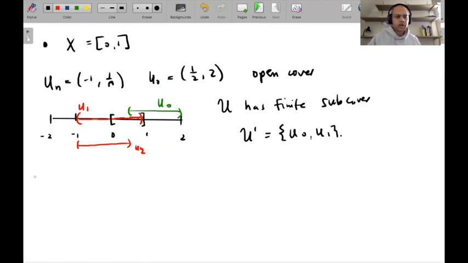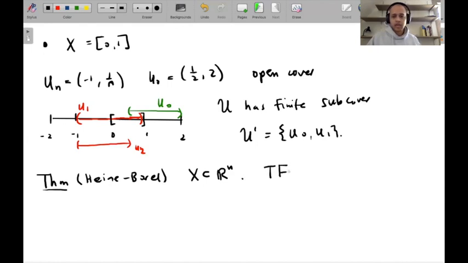Okay, so now let me give you a theorem, which is the topological characterization of being closed and bounded. This theorem is known as the Heine-Borel theorem. It goes as follows. If X is a subset of R^n, then the following are equivalent.